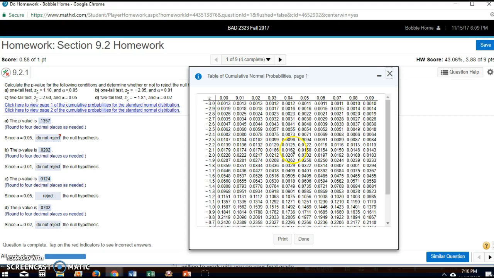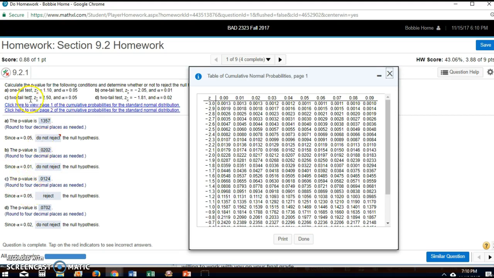This is a left-tailed test. So my probability would be 0.202. And that is what I want in a left. If it's a left-tailed test, it's very easy. And that's your value. And my value is greater than alpha, so I do not reject.